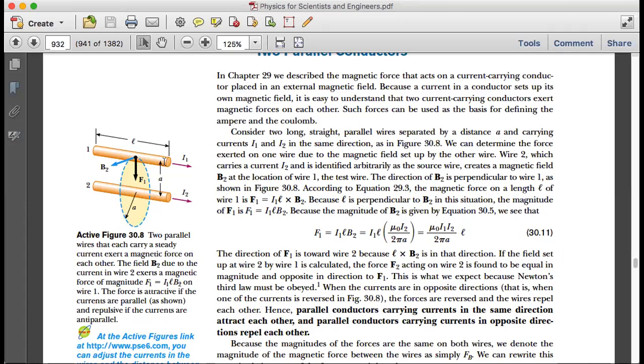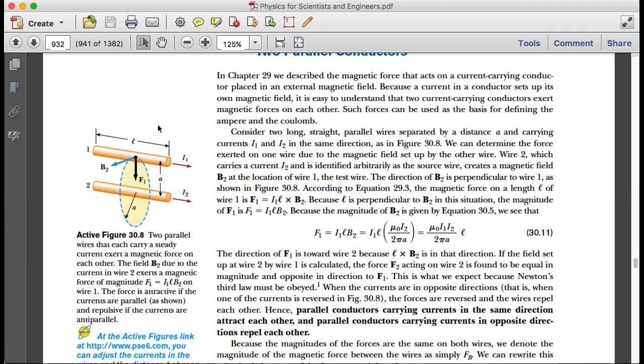For example, this is the first wire and this is the second wire. They have the same length, but different currents. In the first wire we have I1, and the distance between them is a.